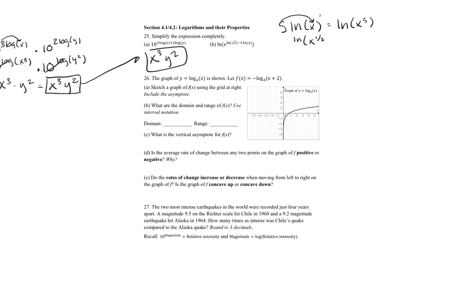So I have natural log of x to the 1/2 minus natural log of x to the 5th. And whenever we have natural logs that are being subtracted with each other, we know that means we can take their insides and divide them, right? So that's going to be equal to natural log of x to the 1/2 over x to the 5th.